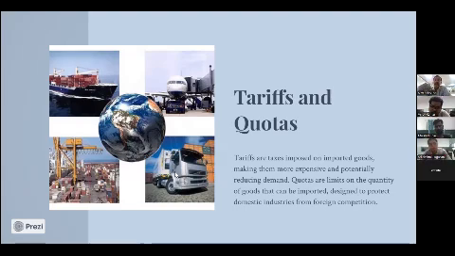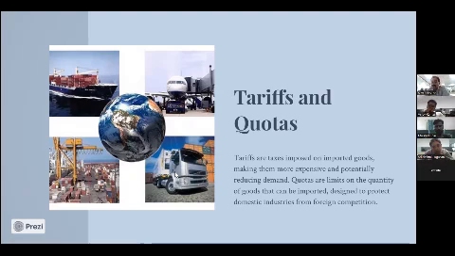Imposing means they are adding additional taxes or duties which will increase the cost of the product, which will potentially reduce the demand.